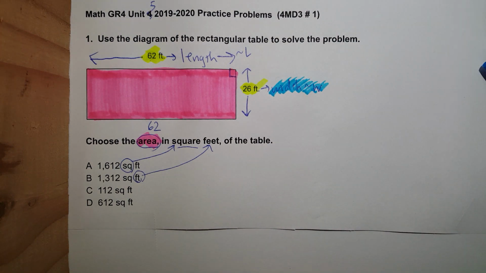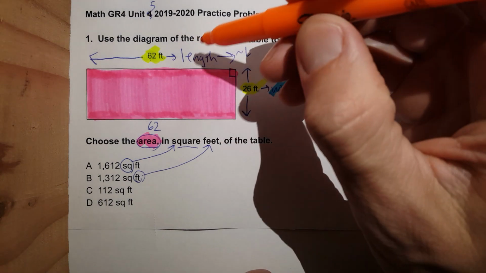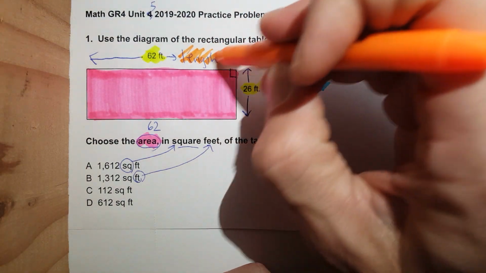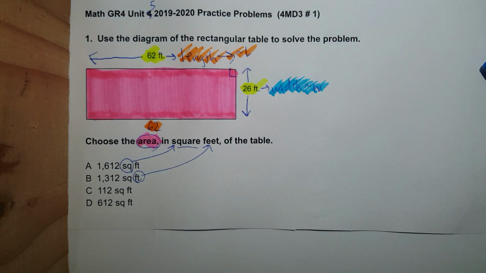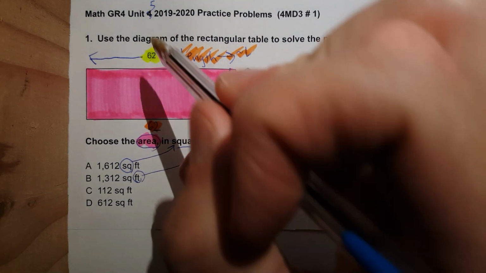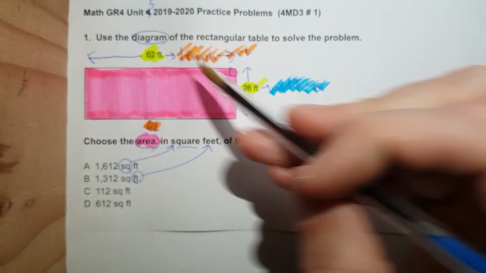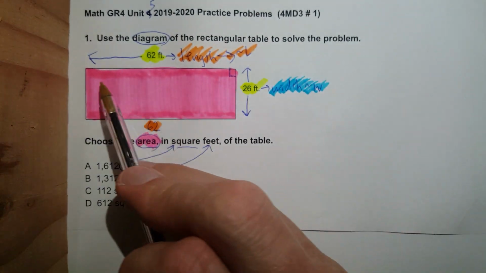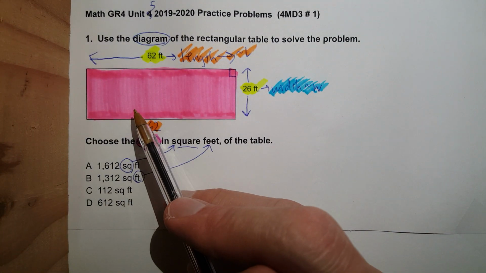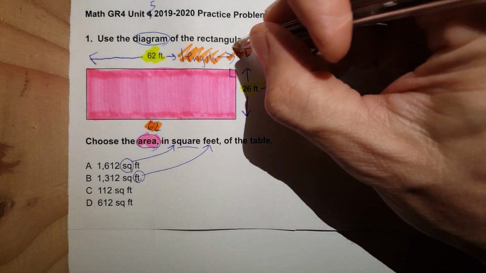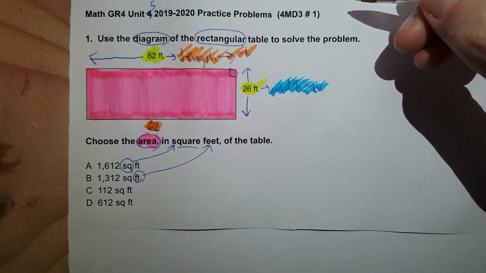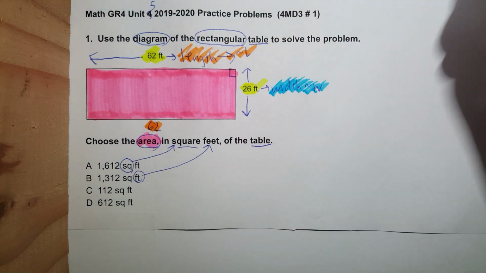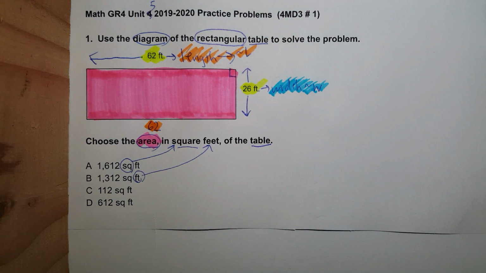Uh-oh, blue on blue. Trouble. The length is the L. Okay? Let's go back up to the very beginning. Use the diagram. This is a diagram. Rectangular table. This is a rectangle. Table, to solve the problem.